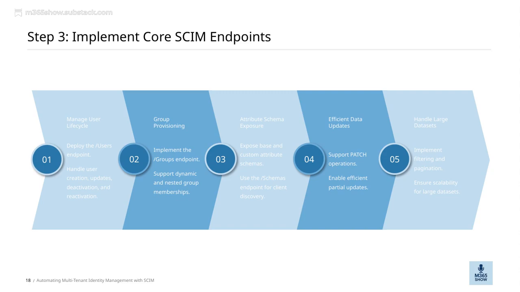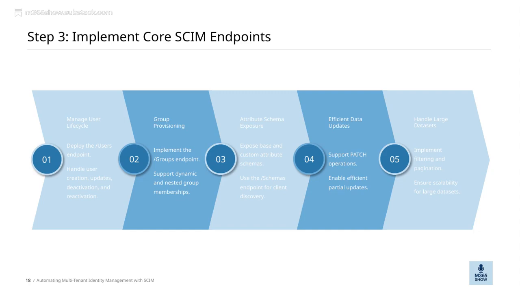Using the schemas endpoint, we make sure clients can discover what attributes are available, making integration much smoother. Supporting patch operations is another key part. This enables us to perform partial updates efficiently, so we're not overwriting entire records when only small changes are needed. To handle large datasets effectively, we implement filtering and pagination.